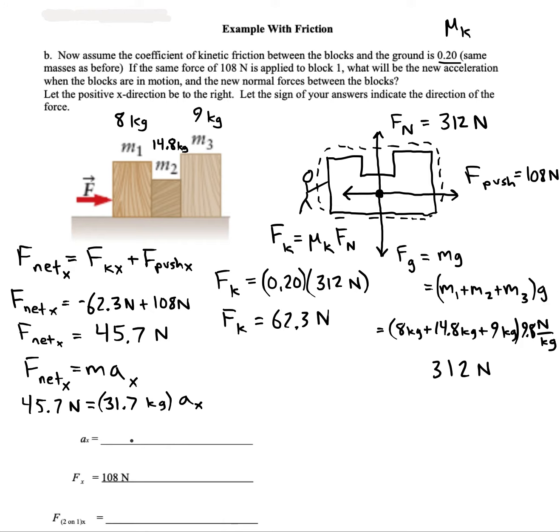Alright, so that cuts our acceleration down to 1.44 meters per second squared, just because of the presence of the friction. Alright, now that we have that, we want to go through the same process as before to find the normal forces between the blocks.